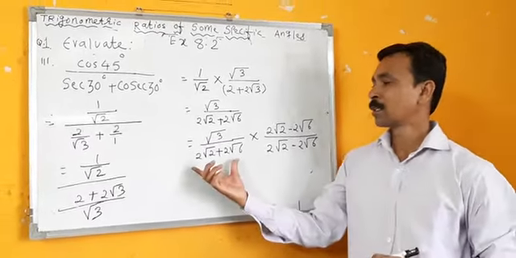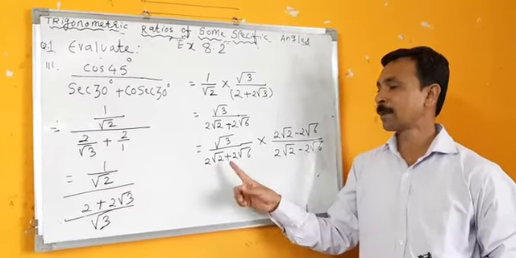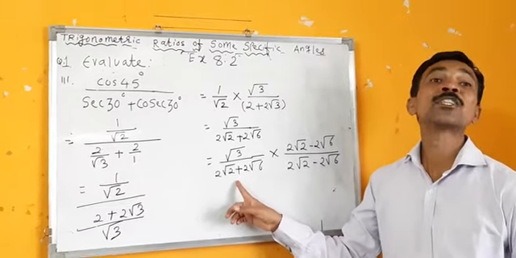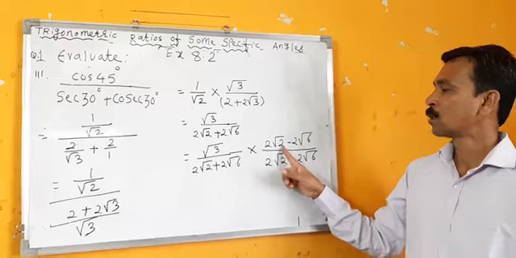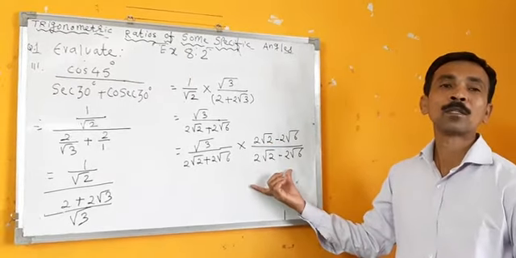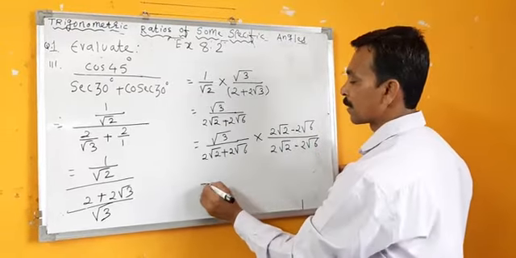Because when you are doing rationalization, we take the conjugate of the denominator. Conjugate means this middle sign gets changed. That is called as conjugate. So 2 root 2 plus 2 root 6 becomes 2 root 2 minus 2 root 6 upon 2 root 2 minus 2 root 6.